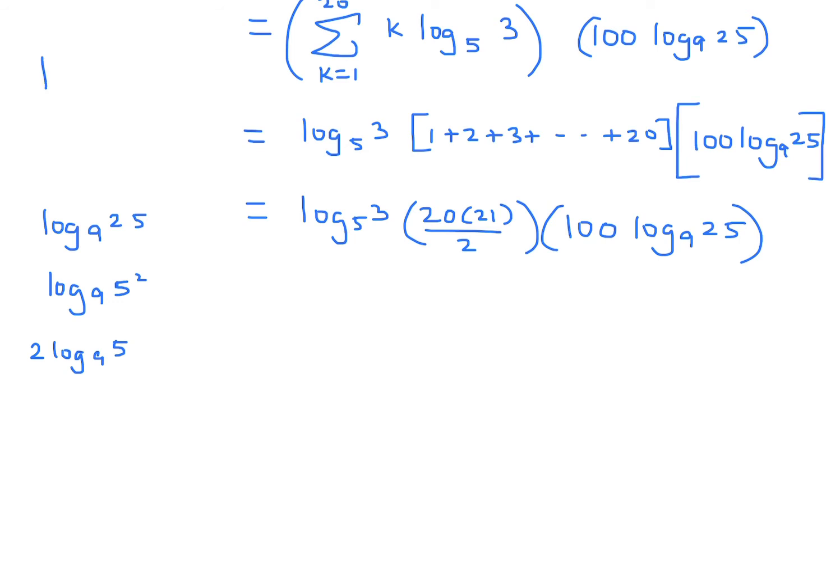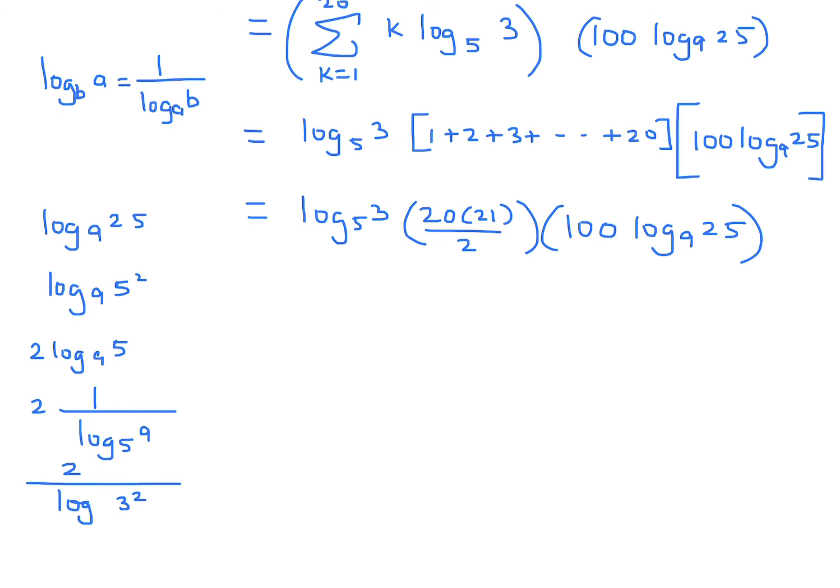There's a rule in the log world that the log of a to the base b is the same as 1 over the log of b to the base a. So I'll use that. This is the same as 2 times 1 over the log of 9 to the base 5. So that is the same as the log of 3 squared to the base 5, and you can bring the 2 out front, the log of 3 to the base 5, and then the 2's cancel, and you just get the log of 3 to the base 5.